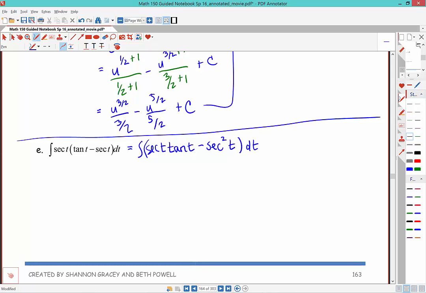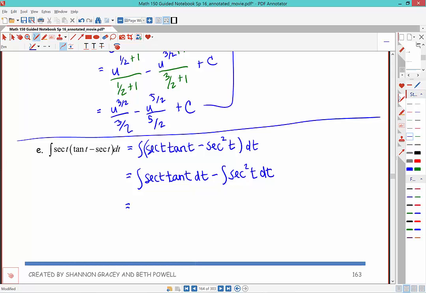Now, let's go ahead and split the integral. So this would be the integral of secant t times tangent t with respect to t minus the integral of secant squared t with respect to t.